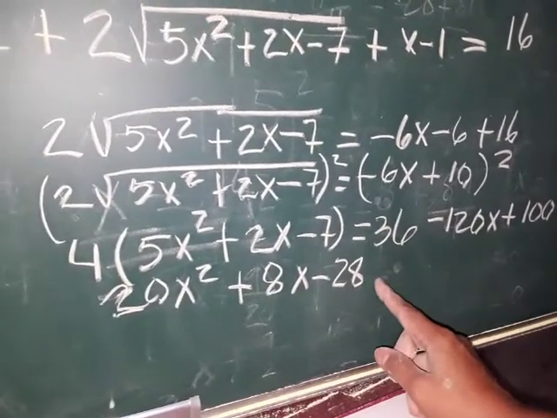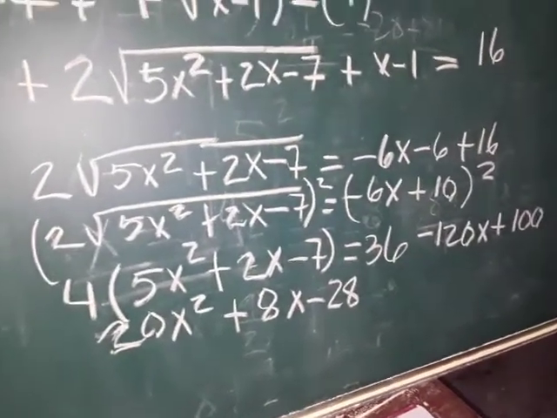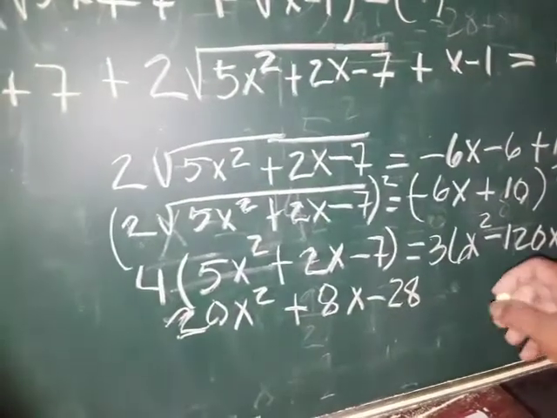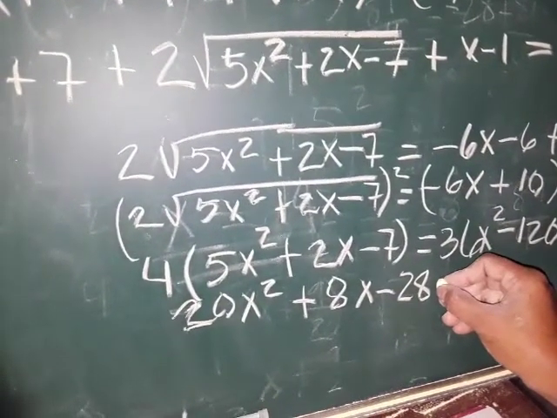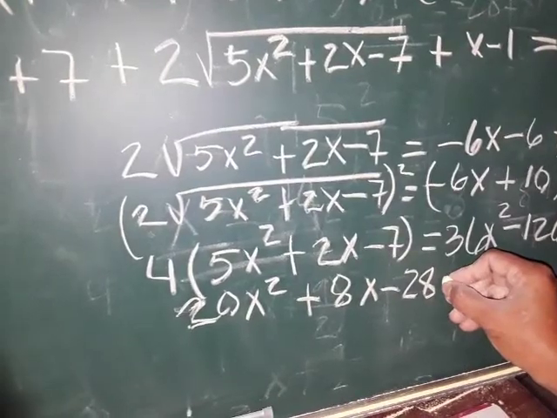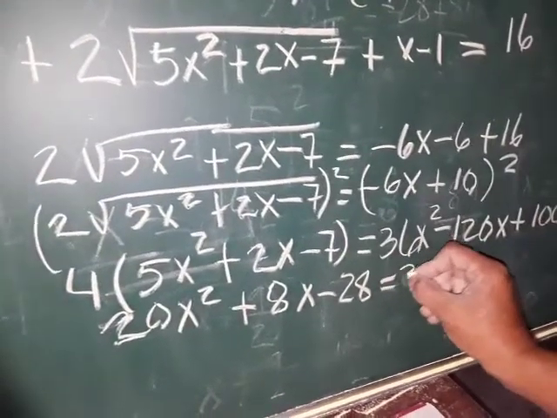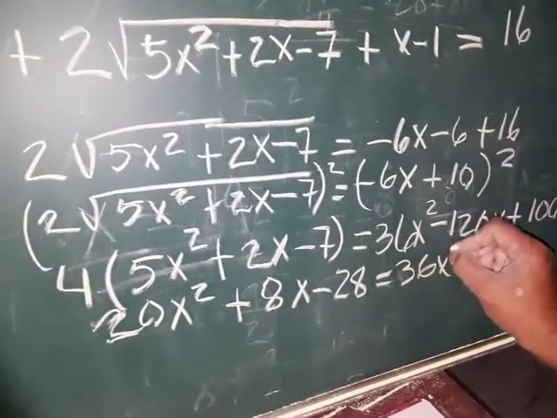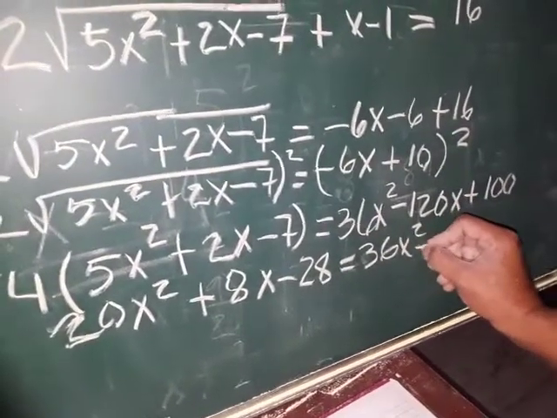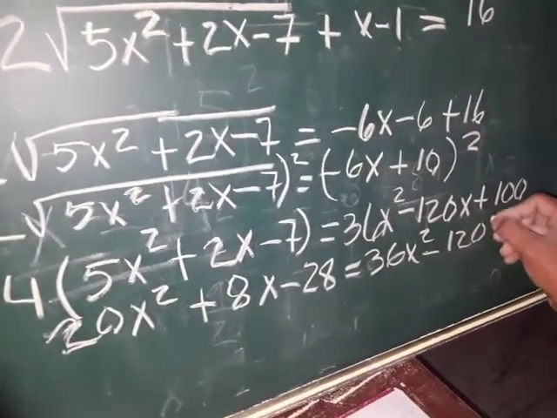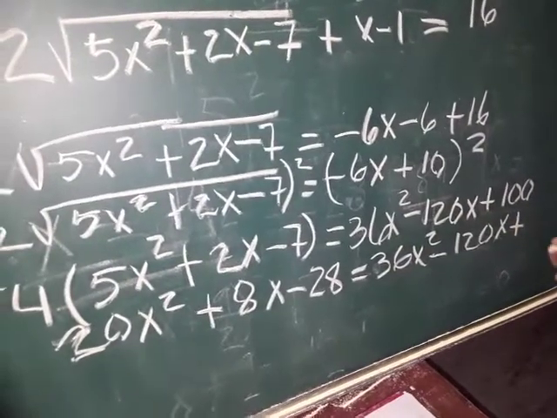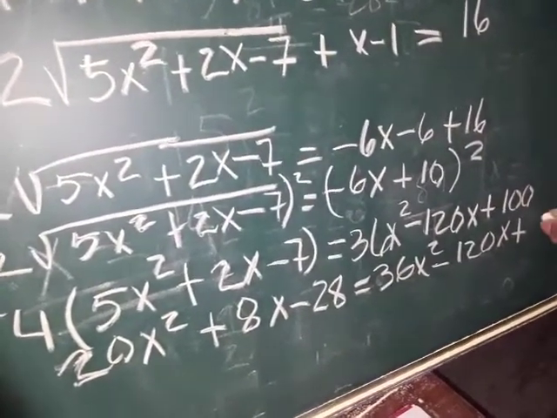Just transpose. So we have is equal to 36x squared minus 120x plus 100.